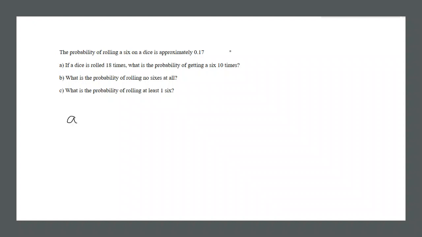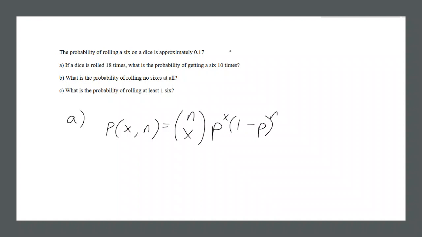So here we use the formula for the binomial distribution with x successes and n trials. That's going to be n choose x multiplied by p to the power of x multiplied by 1 minus p to the power of n minus x.